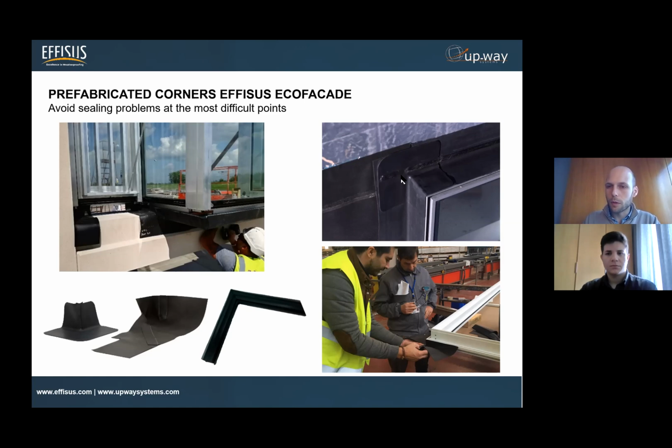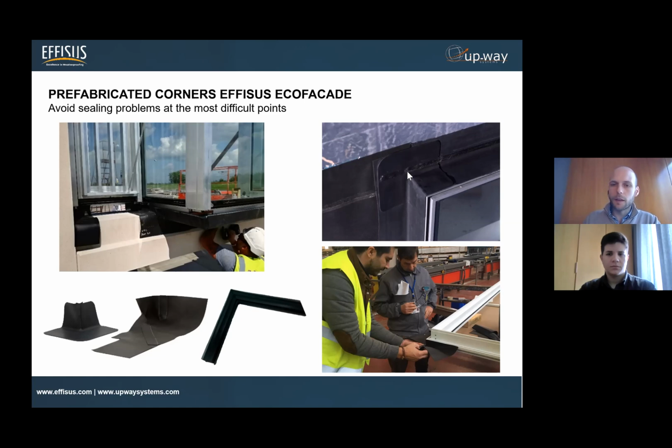And how to solve this membrane? Of course, as you're facing three plan corners, you're not able to apply any patch of membrane. So it's really difficult to apply a patch of membrane here on top of this weak point.